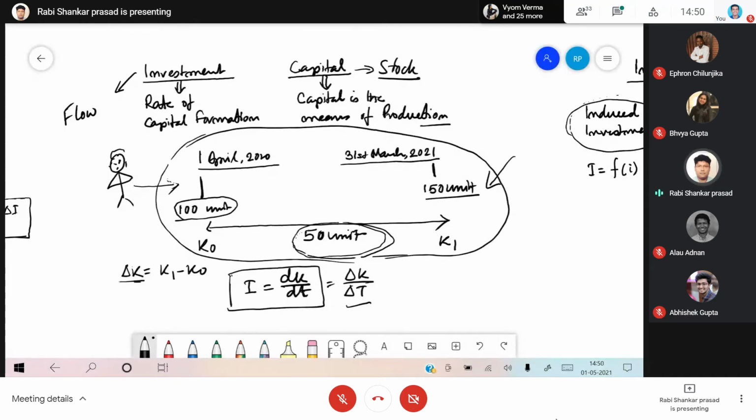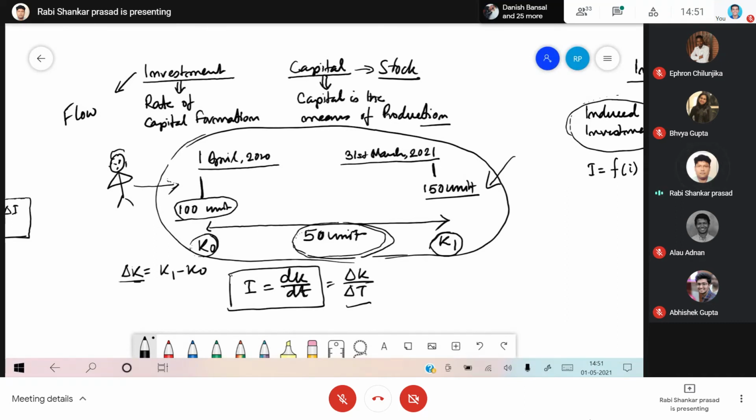So let us consider in normal variables: suppose K1 is the total amount of capital you have on 31st March, and K0 was the initial amount. So K1 minus K0 is delta K. Since you have to take the reference of time period, investment I've written as dK upon dt, meaning change in capital, where K stands for capital.